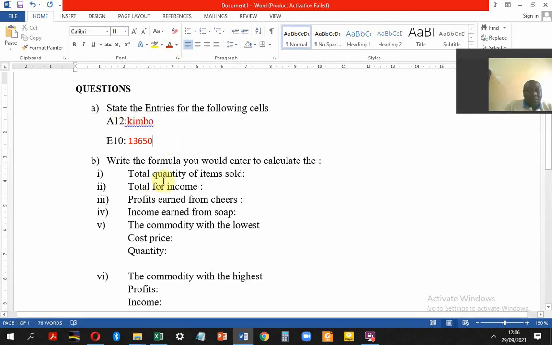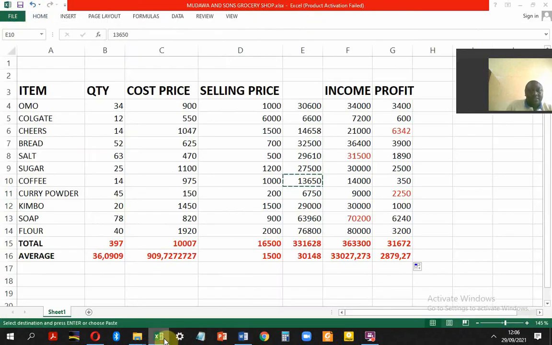All right, so the formula you would enter to calculate the total quantity of items. Total quantity of items. So you go back, the total quantity of these items, this is the quantity. So the formula is here. You can see how we got this formula.